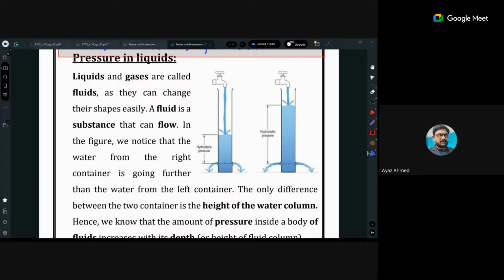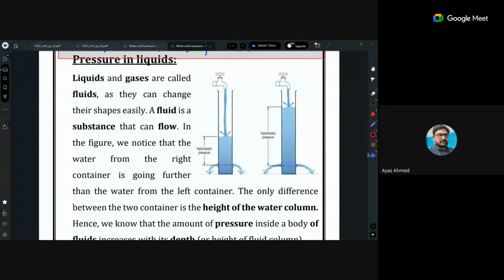Actually, gases also have pressure, right? But when I get into detail, you will know that it does not matter. In air, pressure will be very small because there are some factors which affect the pressure.